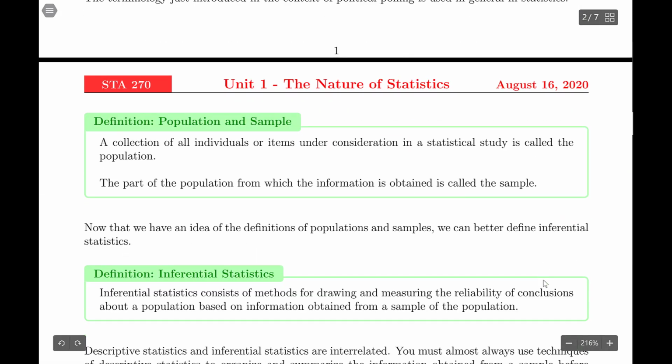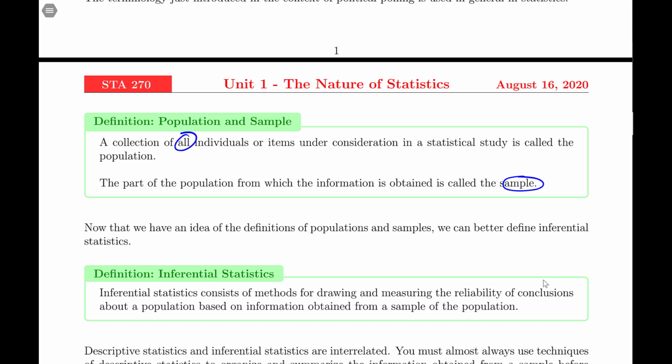So here's a definition of population and sample. Population is the collection of all individuals or items that are under consideration. So if we look back at the election, that would have been all voting age people in the United States. The part of the population from which we obtain the information that we use to make inferences with is called the sample. So whoever the Gallup poll talked to, which wasn't the entire voting age population of the U.S., whoever they spoke to gave them their sample data.